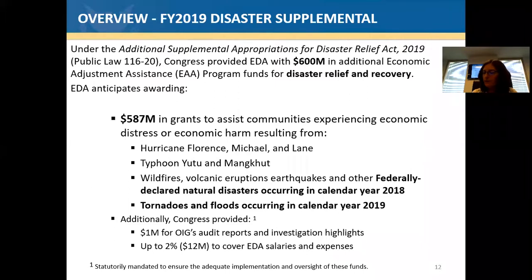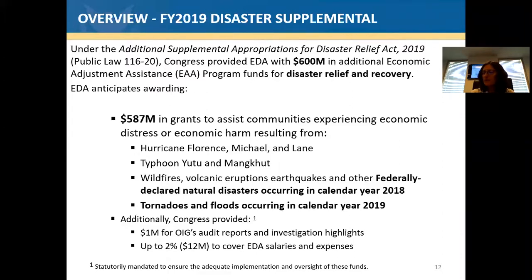So, for a quick overview, this is the same amount of money as we had last year. We were appropriated $600 million, of which $587 million is available for grants to assist communities experiencing economic distress and harm resulting from a series of disasters in 2018 and tornadoes and floods occurring in 2019.